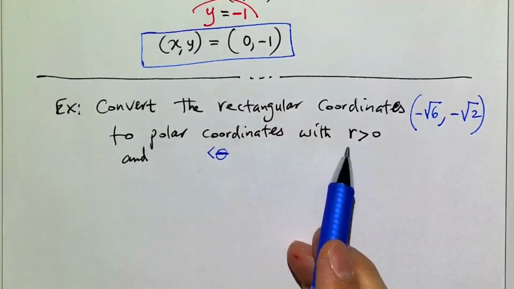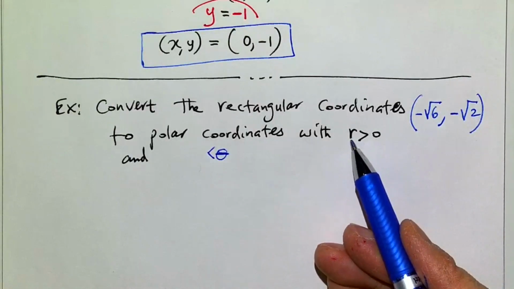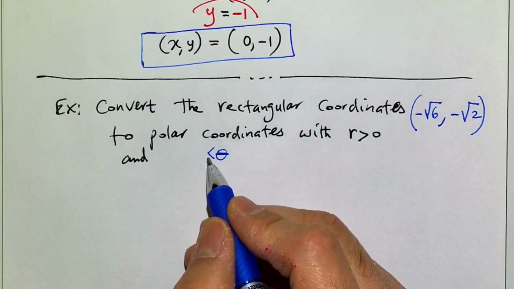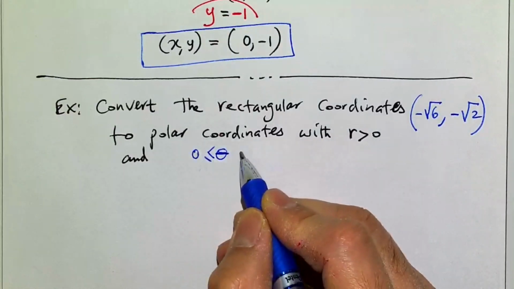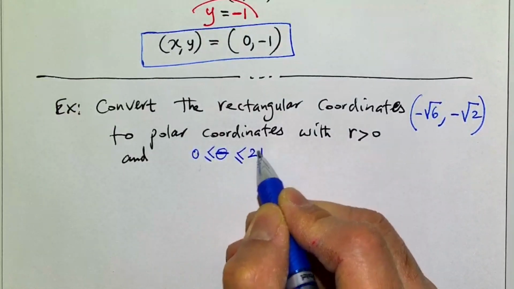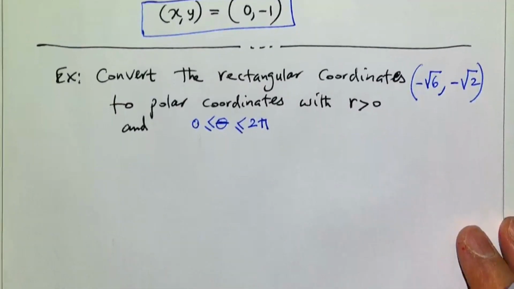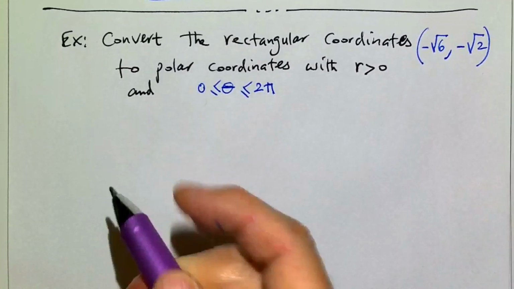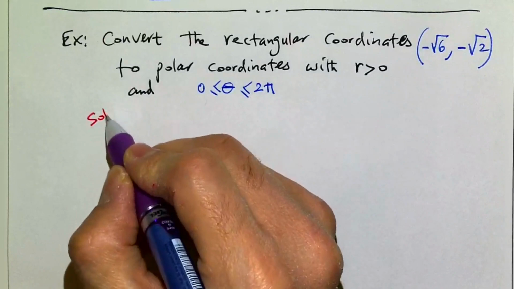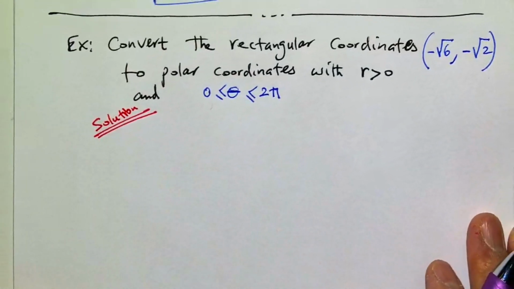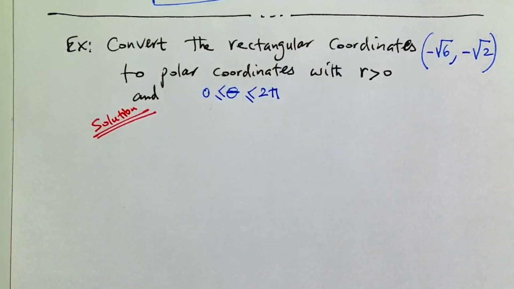So they want us to, because r, as you know, can be positive or negative, and they want us to keep it positive. So theta being between 0 and 2 pi. Okay. All right. So please take a few minutes, maybe 10-15 minutes, and write down your own solution and then come back to the video.